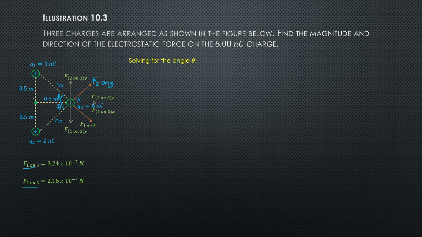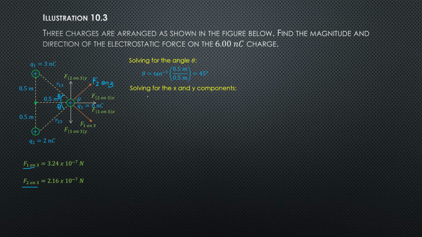They are symmetrical in distances, so this is theta and that is also theta. For the angle, that is 0.5 and 0.5, this one and that one. Opposite over adjacent will give us 45 degrees.